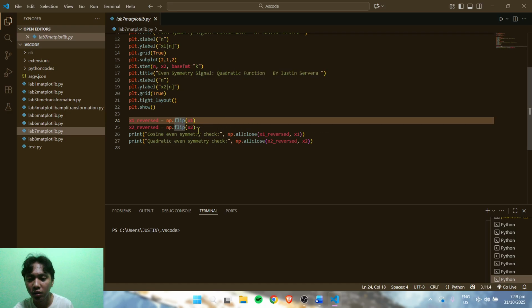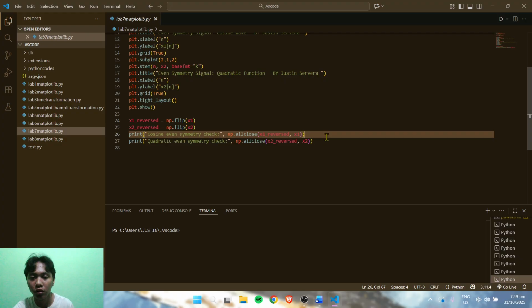So these statements here will make reversed versions of both signals, which we'll use to verify the symmetry rule. And to do these two statements here, np.allclose checks if two arrays are almost equal. This also proves even symmetry.